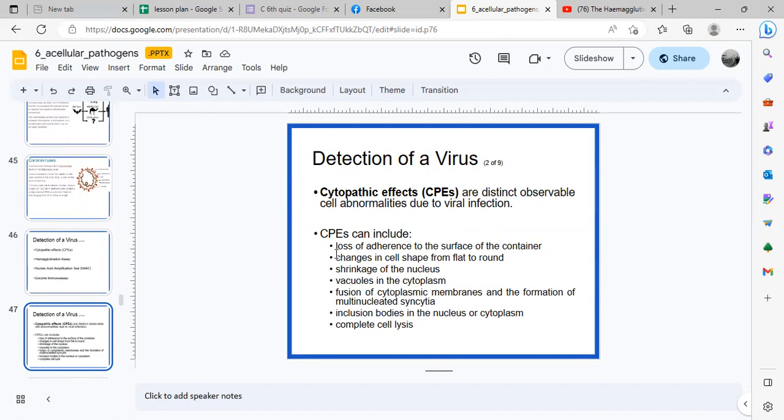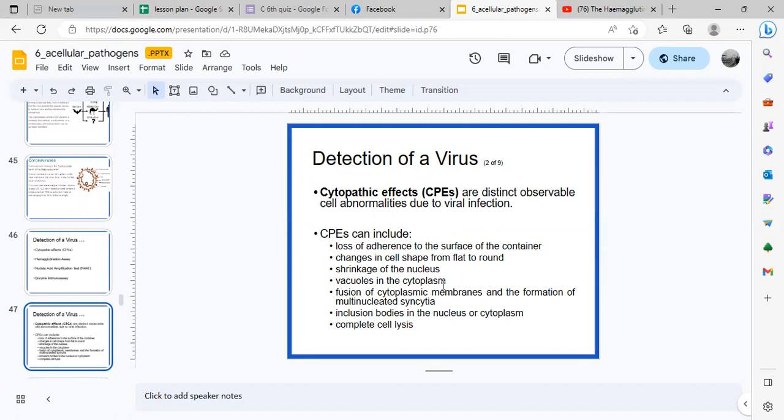So that can be seen in the cell through a microscope. Either you have complete cell lysis, so there is a rupture of the cell, or there are inclusion bodies in the nucleus or cytoplasm. You can have fusion of cytoplasmic membranes and the formation of multinucleated syncytia.